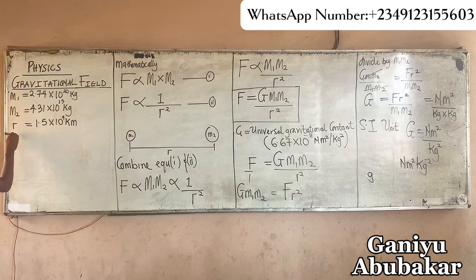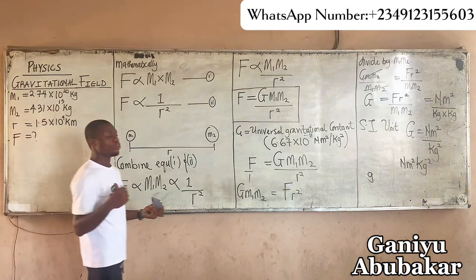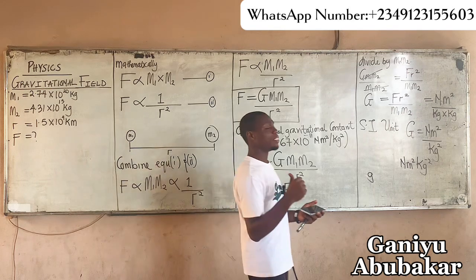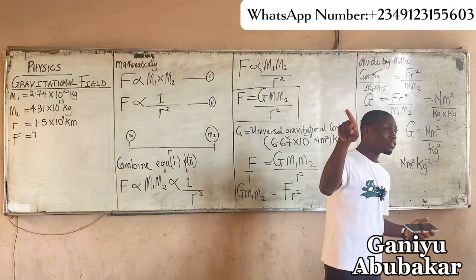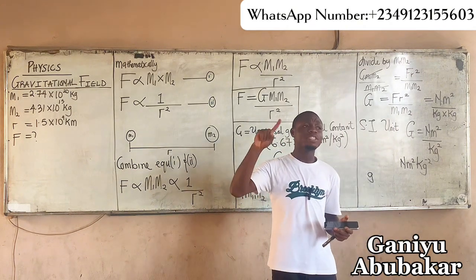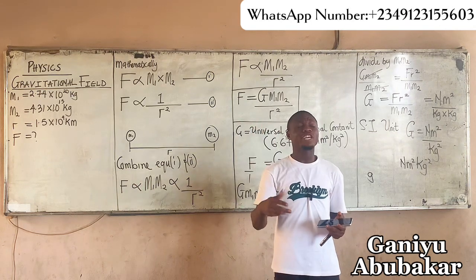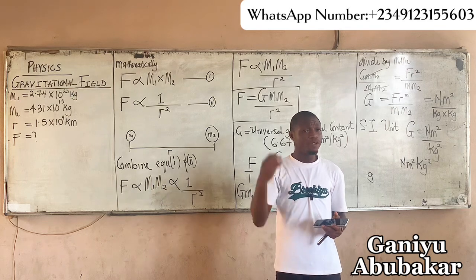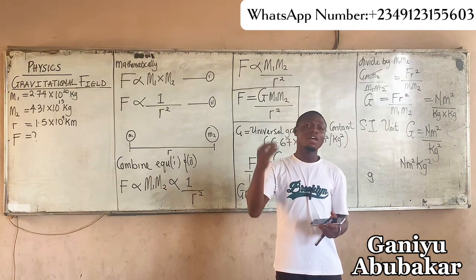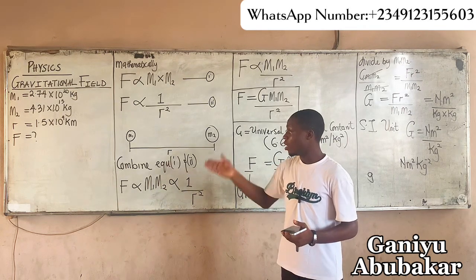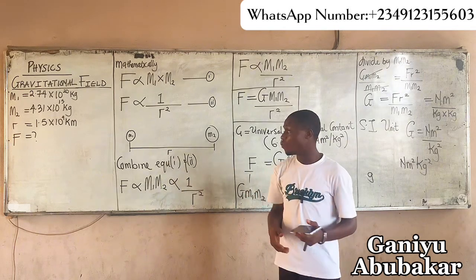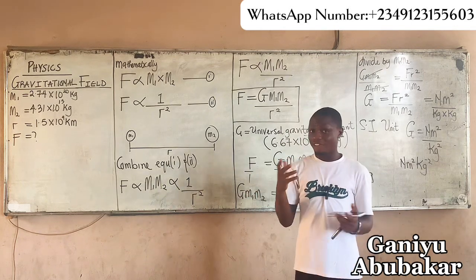So we are asked to find force. Observe the question and the given parameters. I'm given r, which is distance, and I'm given two masses. So that becomes a concept under Newton's law of universal gravitation.